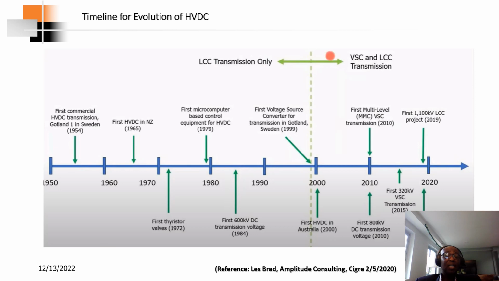The line commutated converters have been the traditional or conventional classical technology, which has been the most mature technology. There was another technology called a voltage source converter, and the first installation was in 1999, and that was installed in Gotland, Sweden. The same technology was installed in Australia in 2000.